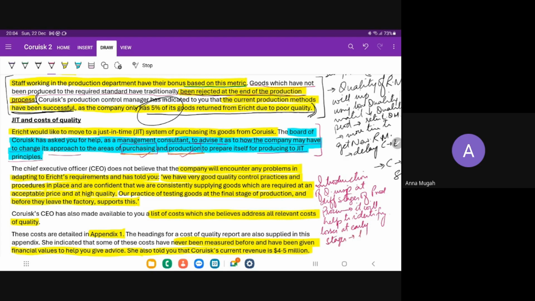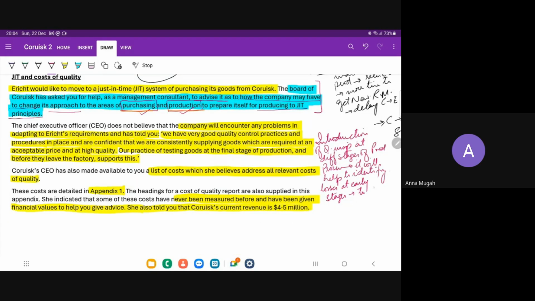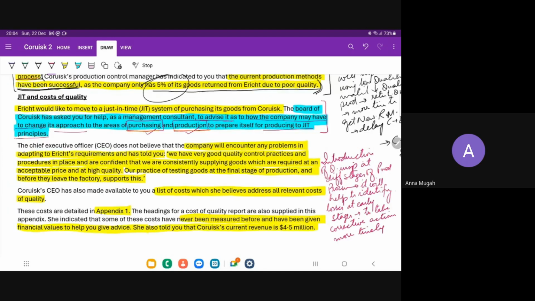It will help the company to take corrective actions more timely. Let's suppose the stitches went wrong and you need to do that process again. If you identify it after packing, or after a certain process, then obviously it will take more time.